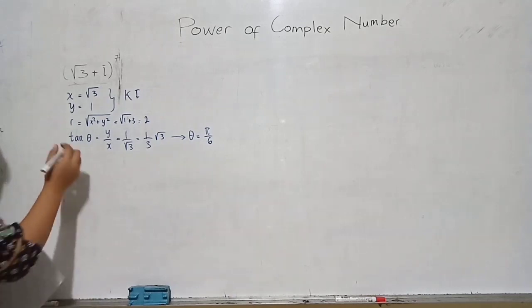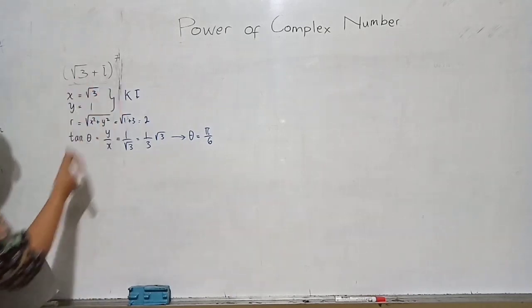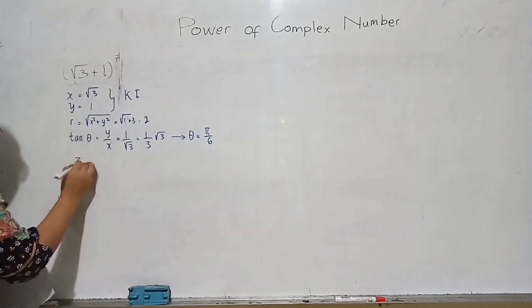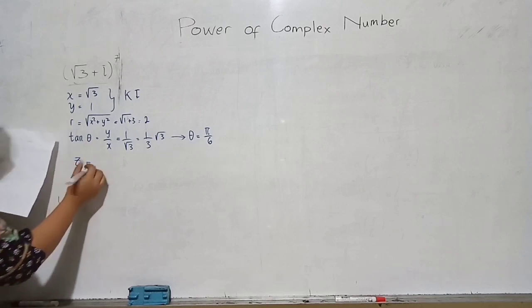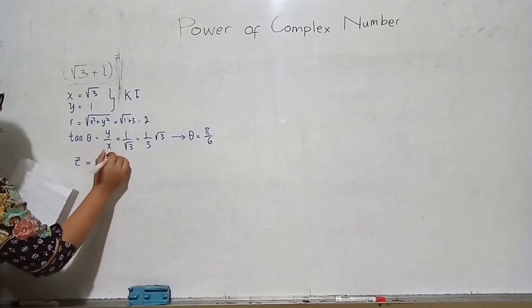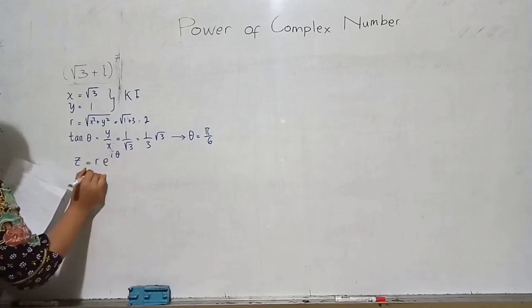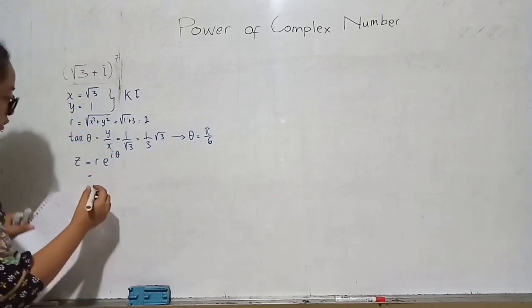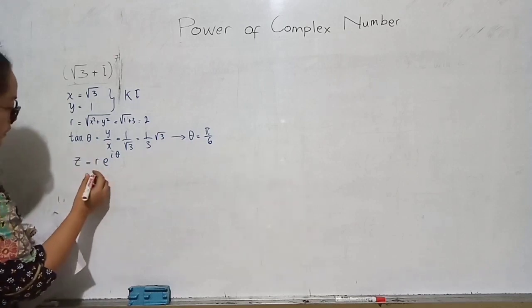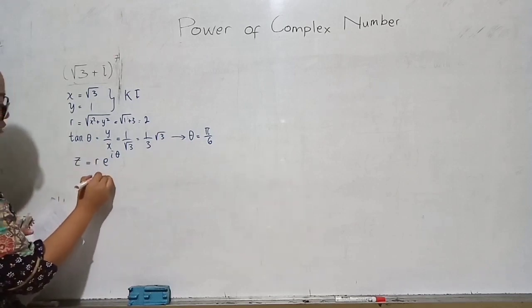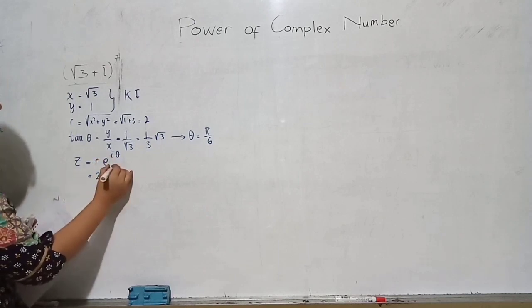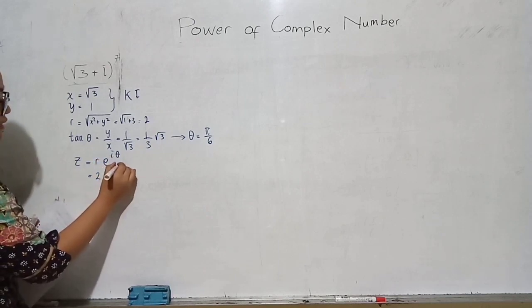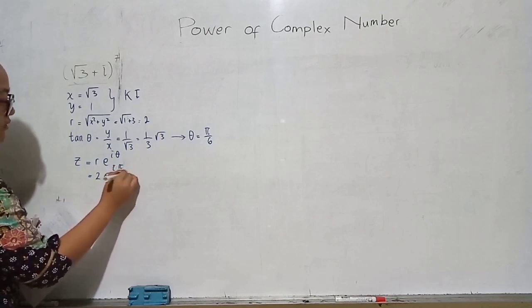And for the next, we will change into exponential form. The formula is z equal to r times exponential i theta. And we substitute the information that we already got before. The r is 2 times exponential i theta.